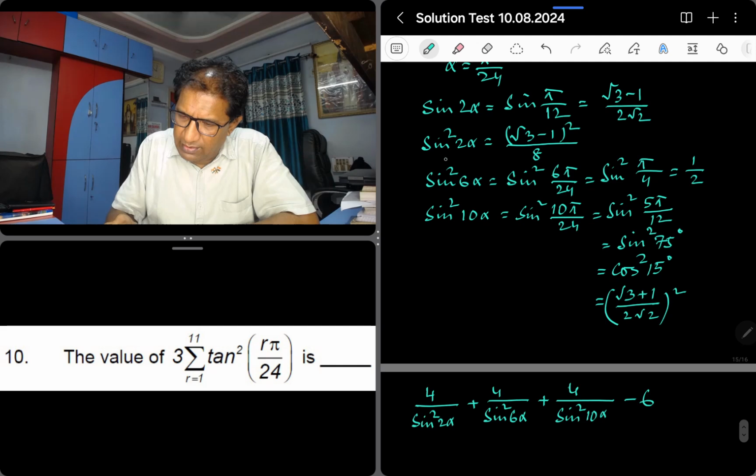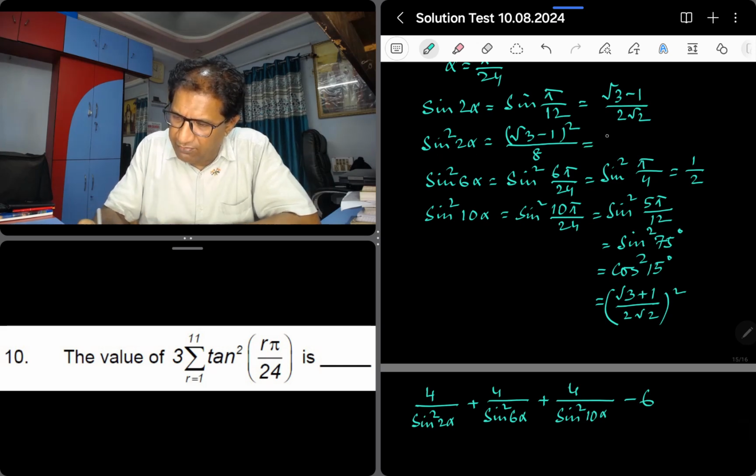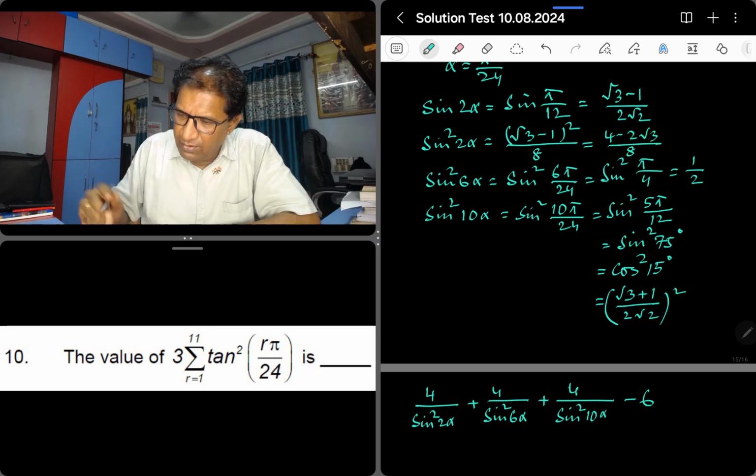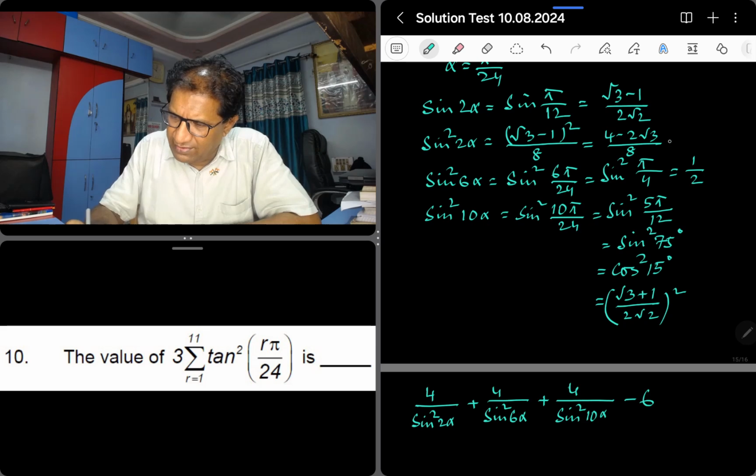So we got sine square 2 alpha as, if we break it, 4 minus 2 root 3 over 8, right? And we can cancel also. We can write this thing as 2 minus root 3 over 4.